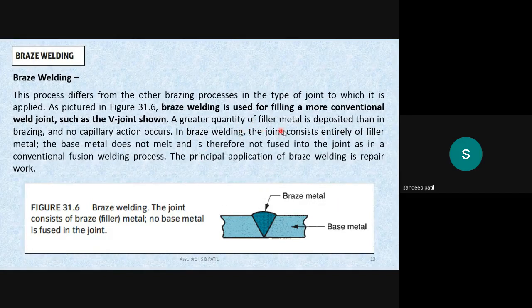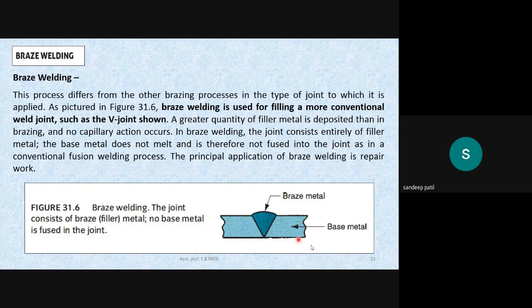A greater quantity of filler metal is deposited than in brazing, and no capillary action occurs. So why no capillary action? Because of the bigger space available here. In braze welding, the joint consists entirely of filler metal, and the base metal does not melt and is therefore not fused into the joint as in conventional fusion welding processes.